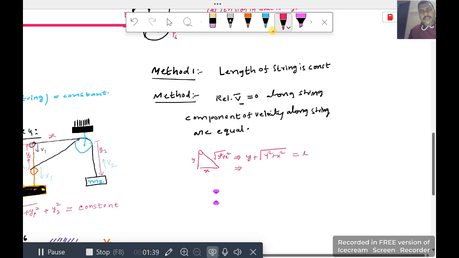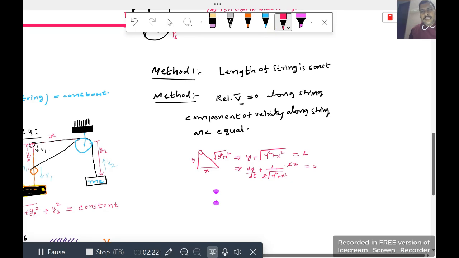Now differentiate it with respect to time: dy by dt is the velocity of B, and for the root term we get 1 by 2 root over y square plus x square, and differentiating with respect to x, with y constant, gives 2x. The derivative of the constant length dl by dt is 0.